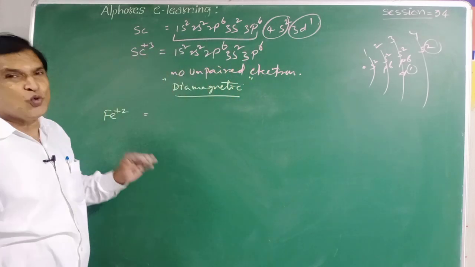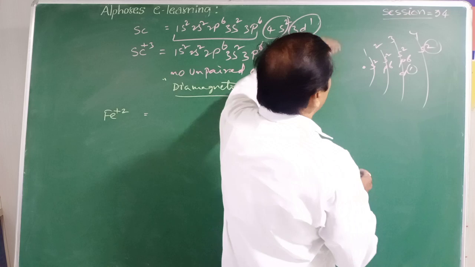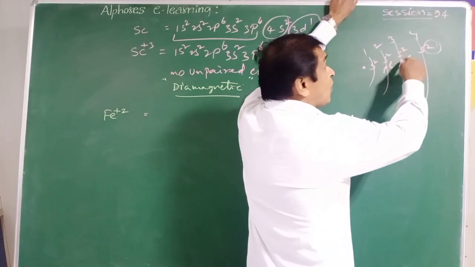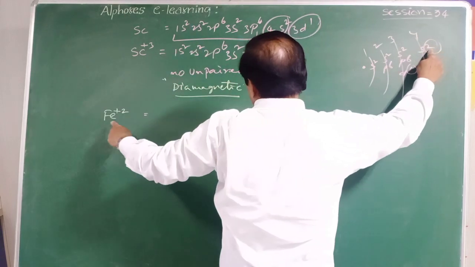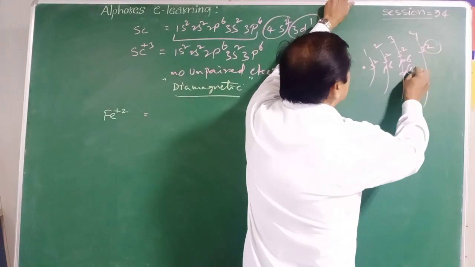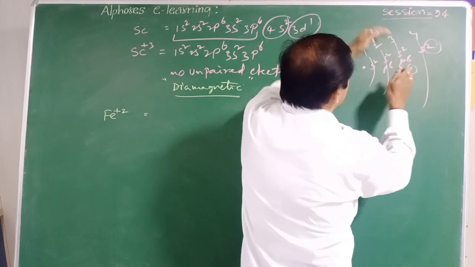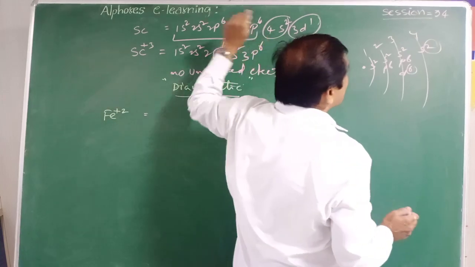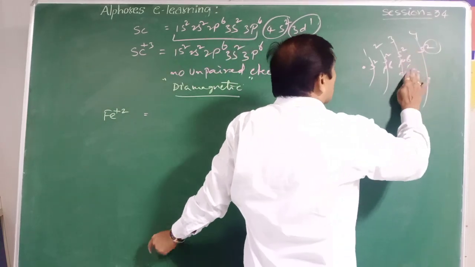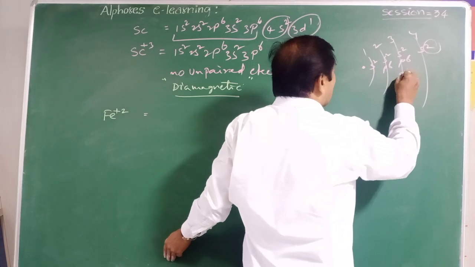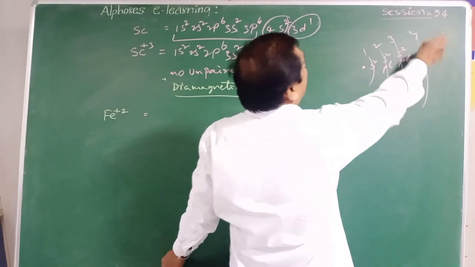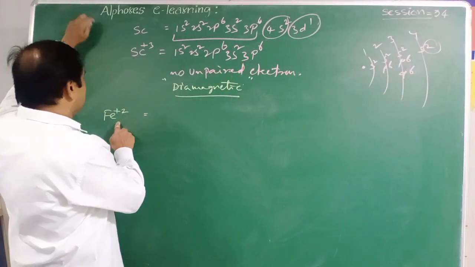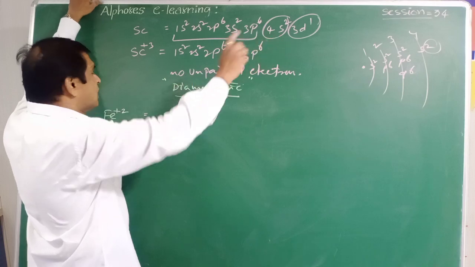It is 1s2, 2s2, 2p6, 3s2, 3p6, 4s2, 3d6. For plus 2, the iron atom loses 2 electrons from the 4s orbital, so it contains 3d6.